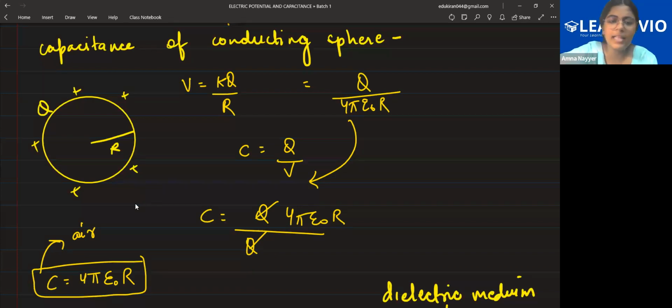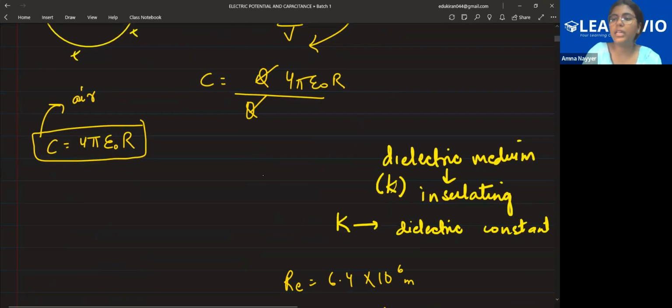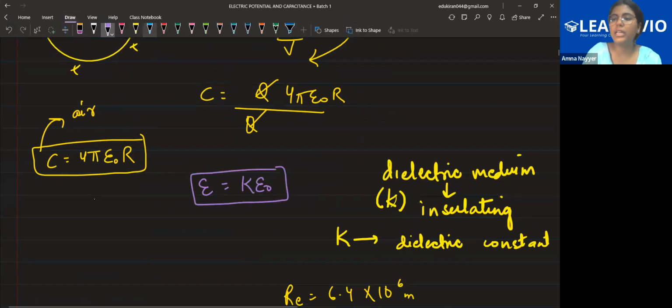We have studied that K is equal to epsilon over epsilon naught. So if this is the case for a medium, what we'll do?